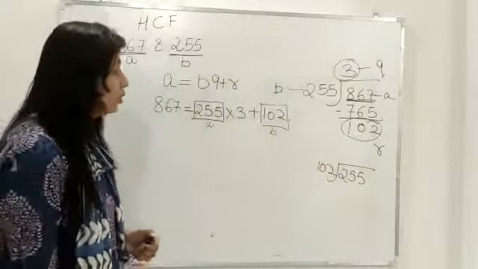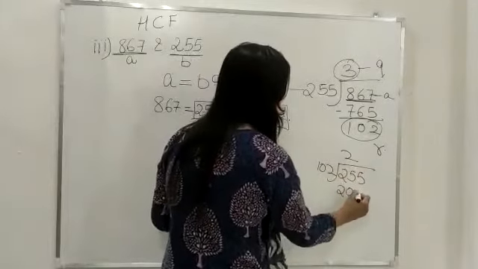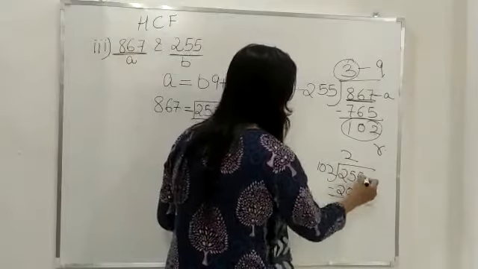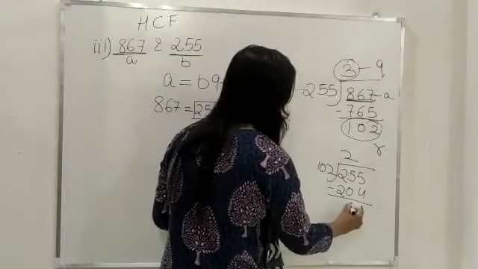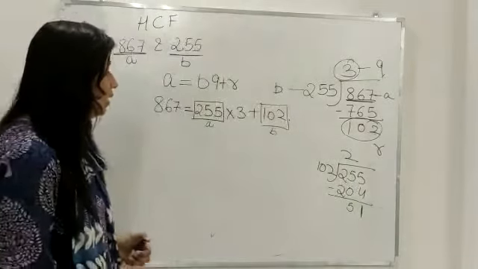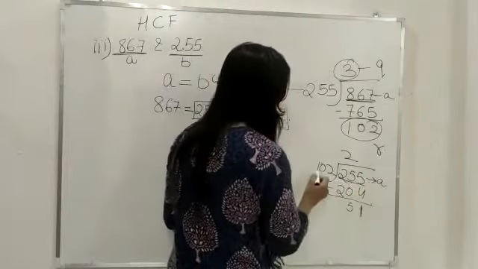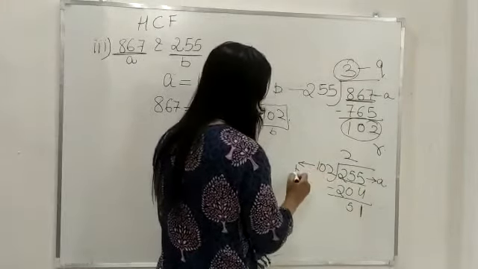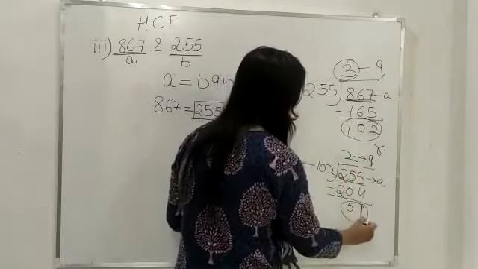So 102 times 2 will be 204. 5 minus 4 is 1, 5 minus 0 is 5 and 2 minus 2 is 0. So here your A is 255, your B is 102, your quotient is 2 and your remainder is 51.